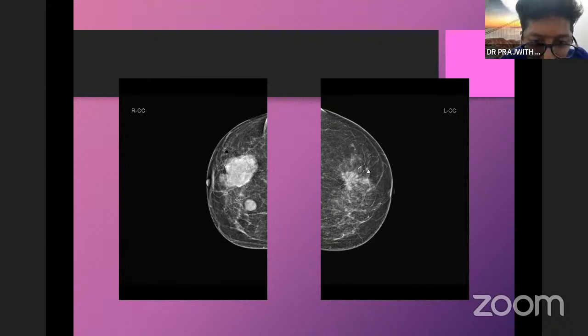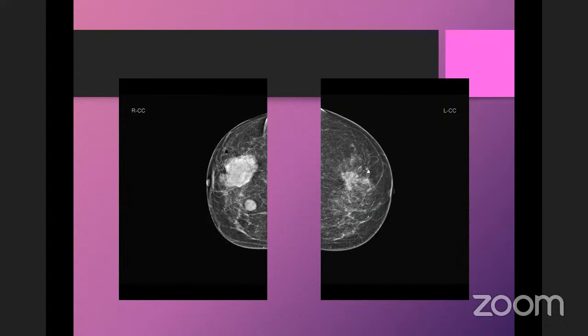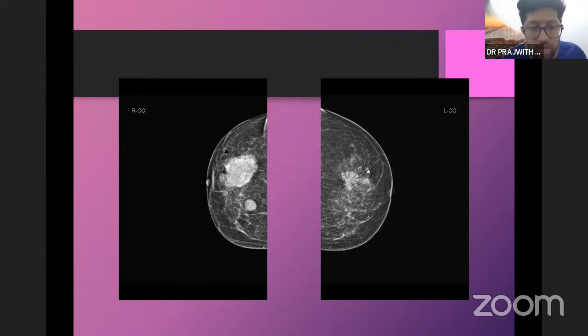Can you see any calcifications in it? Microcalcifications can be seen in the upper. Try not to say microcalcification. Try to use fine cluster of calcification, because we just now understood the BIRADS lexicon. We can call it amorphous, coarse, or fine. So try to use those terms. You're telling the examiner it is more towards malignancy, sir.